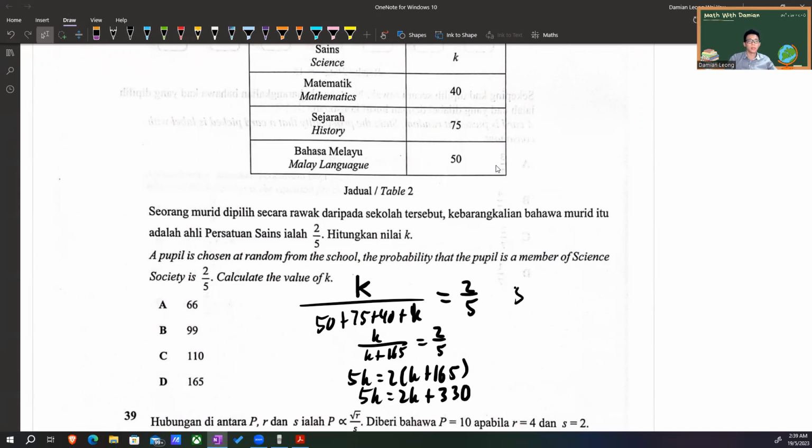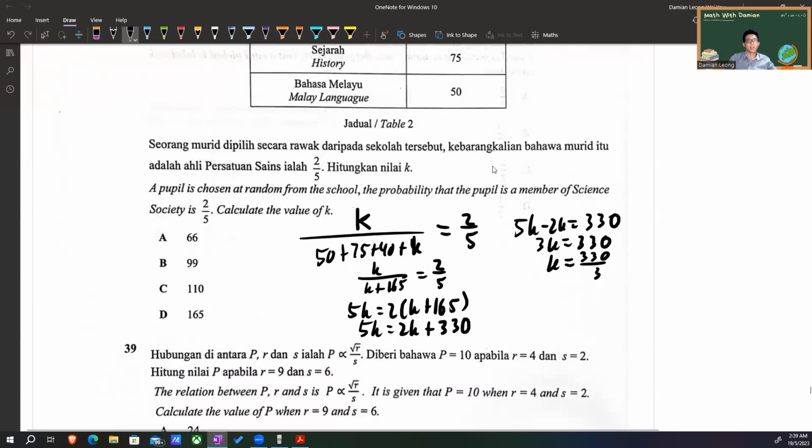Bring over the 2K, plus opposite minus, 3K. Then bring over the 3, times opposite divide by 3, which is 110. So K is 110. Answer C.